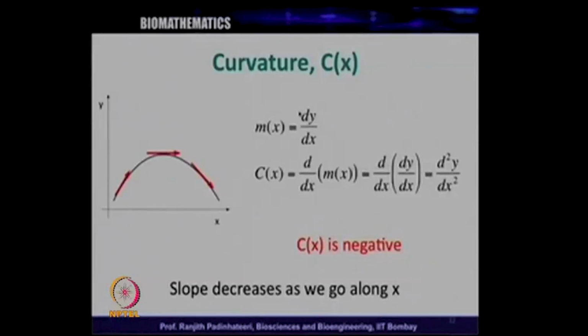That is the change in slope, which is a derivative of a derivative. So, m of x itself is a derivative. You again find the derivative of that, you will get d square y by dx square, that is called the curvature. We will discuss this later, but just keep in mind for the moment, curvature is nothing but a second derivative, a derivative of a derivative, and that has mathematical meaning.